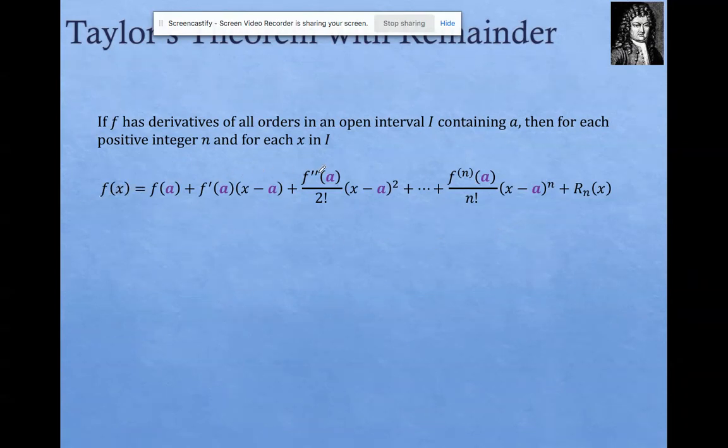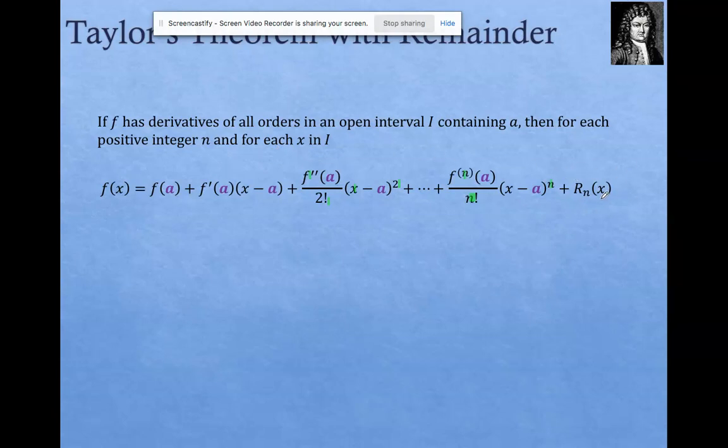Here's Taylor's theorem right here. All the way to the first derivative, x to the first over 1 factorial, second derivative, x to the second over 2 factorial, to the nth derivative over n factorial, x minus the center to the n, plus all the rest. This r sub n is the remainder, but all it is, and I want you to think about having a suitcase or a travel bag, and you're packing all the rest of the terms into here.